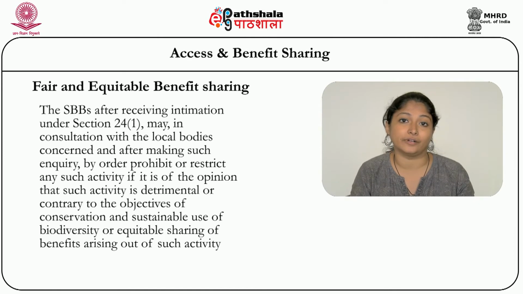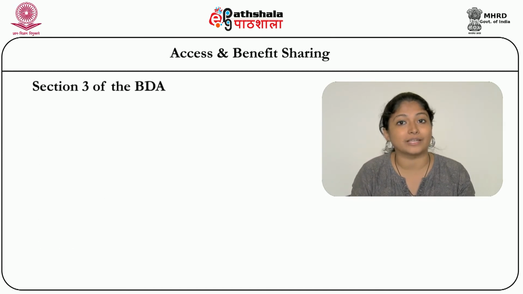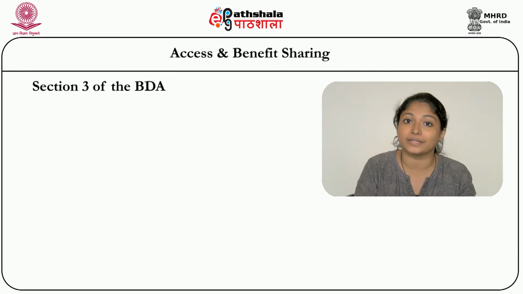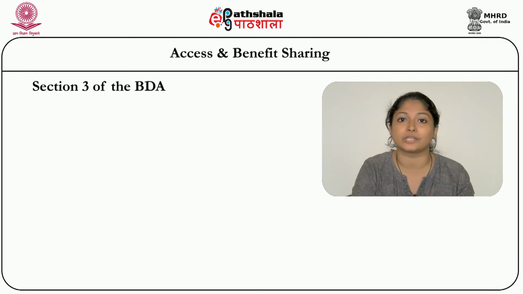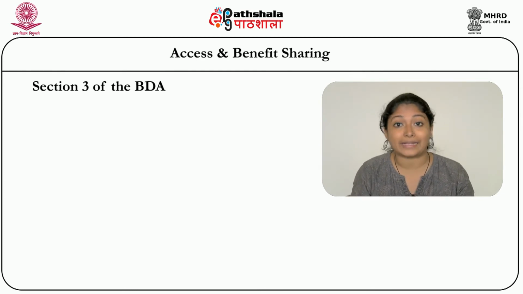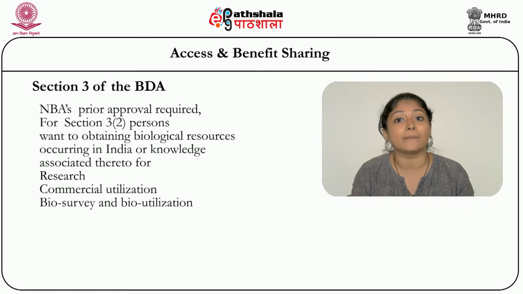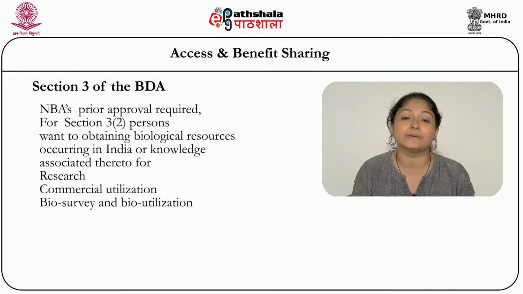So if this company wants to do that project, then it has to come to the authority called the National Biodiversity Authority, because under section 3 of the Biological Diversity Act, section 3(2) persons, whenever a foreigner, or a foreign company which is incorporated outside India, or an Indian company with foreign shareholding, or a non-resident Indian wants to obtain biological resources occurring in India or the knowledge associated with it, then it has to get the prior permission from the National Biodiversity Authority.